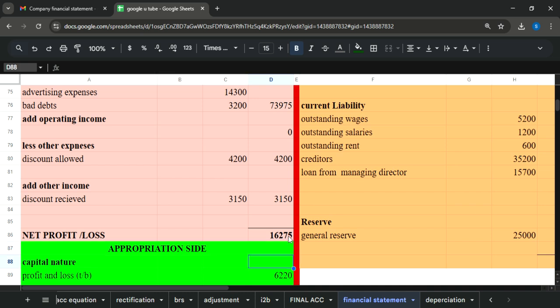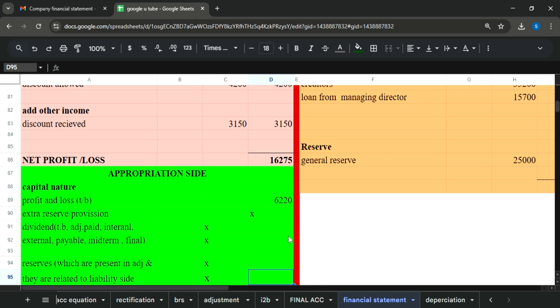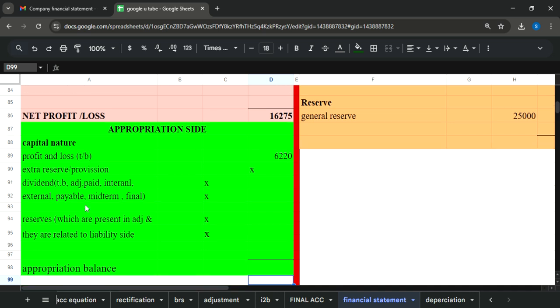Now let's come to appropriation side. Please note there is no element related to appropriation side present in this question except this profit and loss account. So simply what you will do today only, net profit, and then you were supposed to add, these would be added, plus net profit of previous year, and there was nothing else.